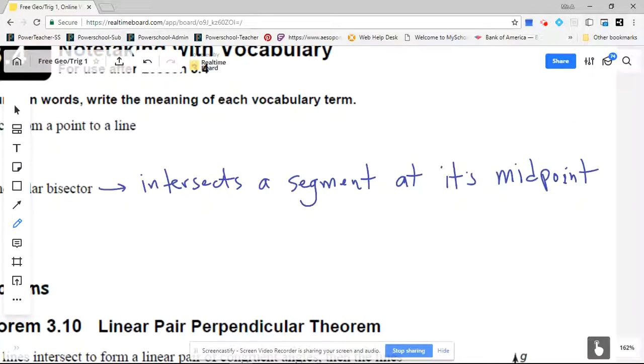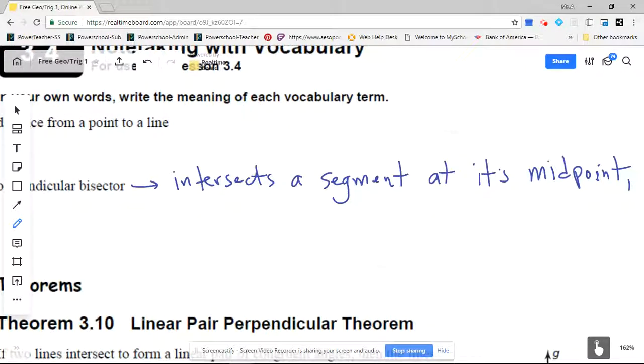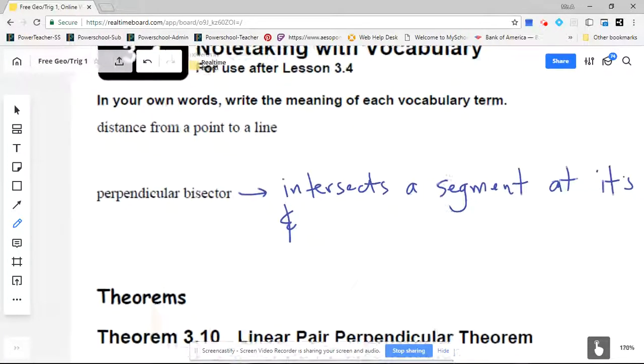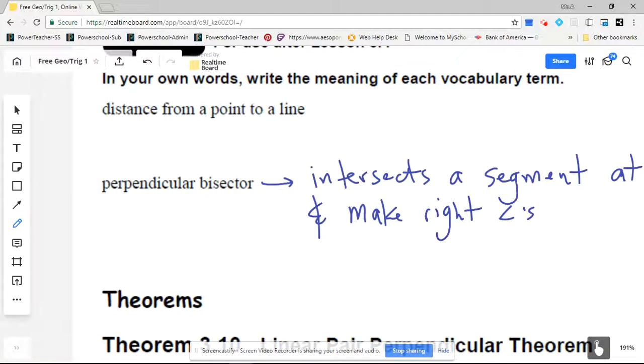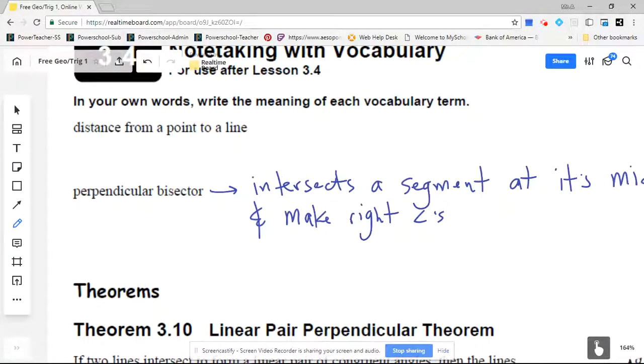So it intersects a segment at its midpoint and makes right angles because it's perpendicular too. So that's what a perpendicular bisector is. It intersects a segment at its midpoint, so it makes 2 equal pieces, bisector, and it's going to make right angles because it's perpendicular.